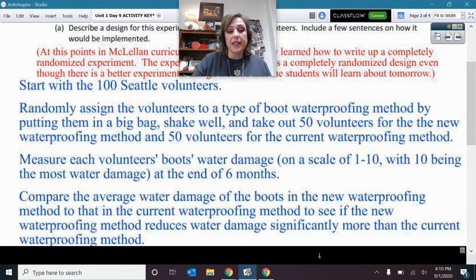So then we're going to end up comparing the average water damage of the boots with the new waterproofing method to the average water damage on the boots with the current one, to see if that new waterproofing method reduces water damage significantly more than the current waterproofing method.